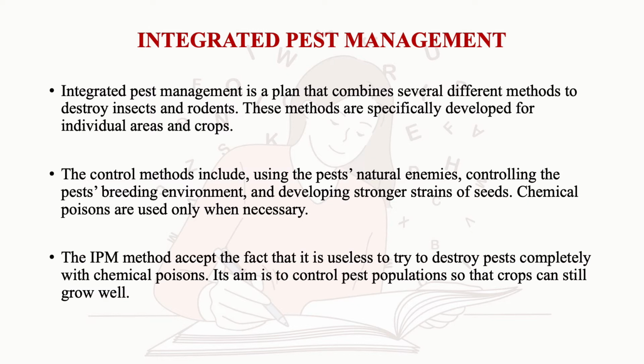The IPM method accepts the fact that it is useless to destroy pests completely with chemical poisons. Its aim is to control pest population so that crops can still grow well.